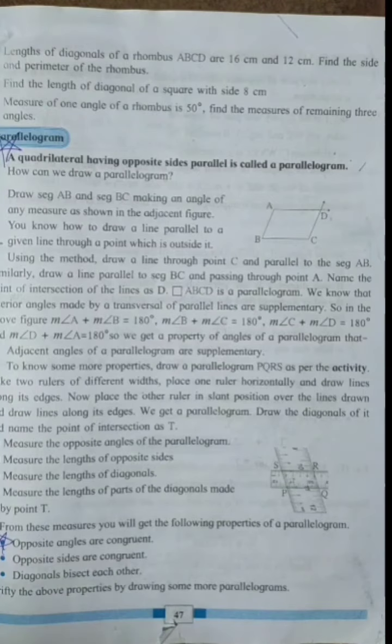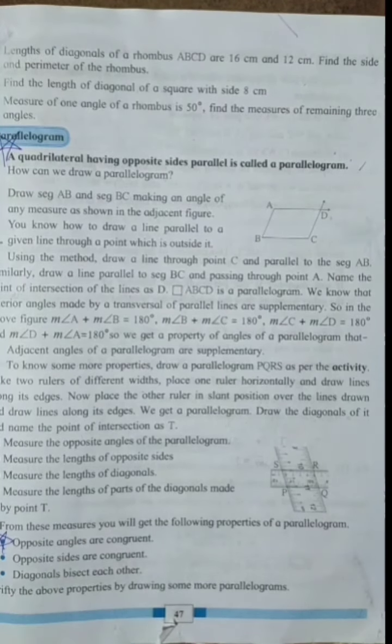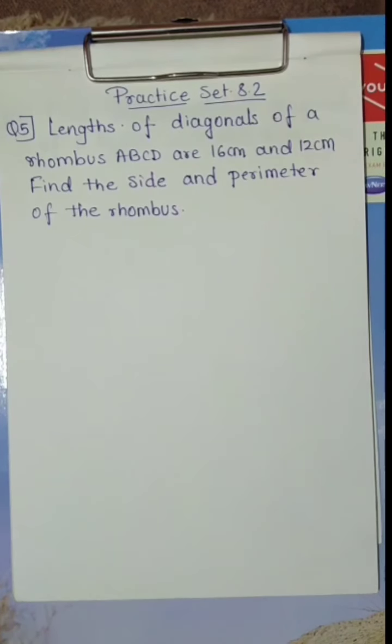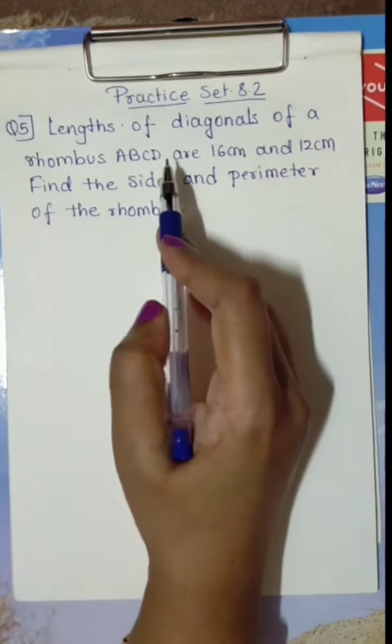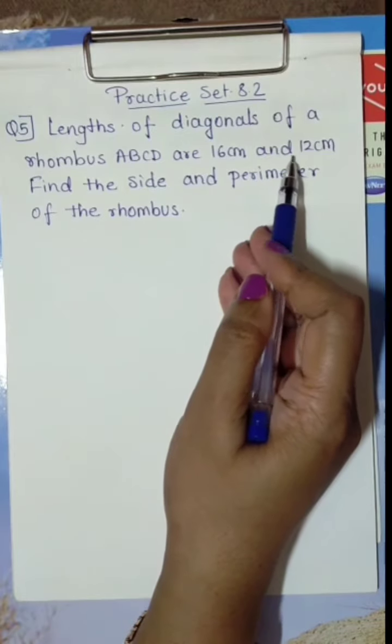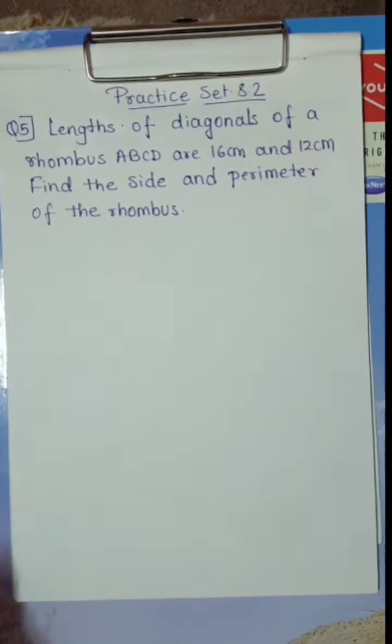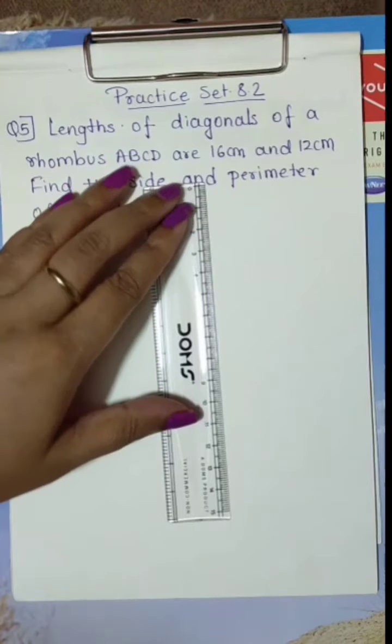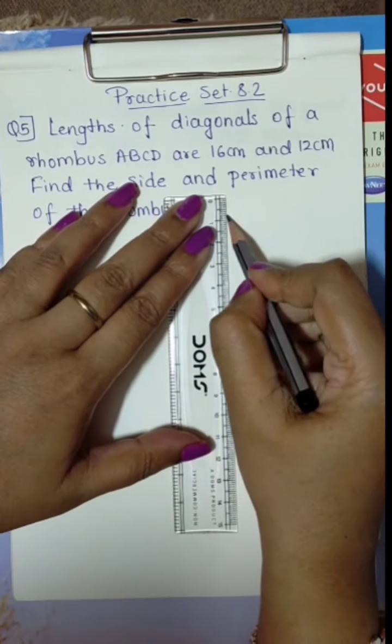So question number 5. As you can see, what is given: the lengths of the diagonals of rhombus ABCD are 16 cm and 12 cm. So first we will draw. I'm drawing here.